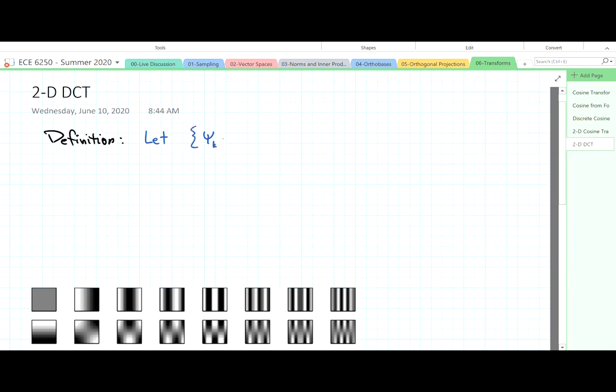So if we have a 1D transform, 1D DCT, as we talked about it previously, then we just define our 2D like this.